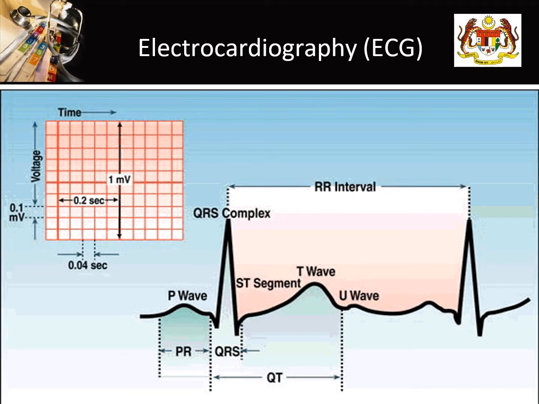Before we discuss the abnormal rhythms, we need to know the normal ECG, or normal cardiac wave. A normal ECG should have a P wave, the QRS complex, the ST segment, and the T wave, and sometimes you can see a U wave. There are some intervals we need to know also.